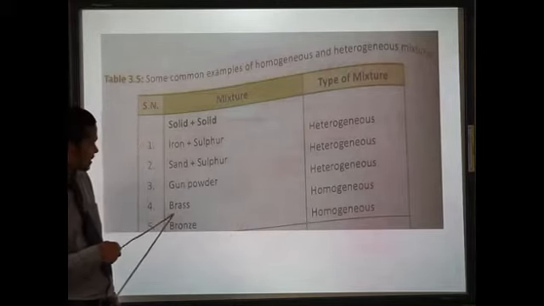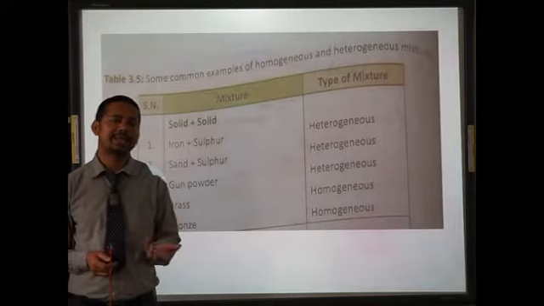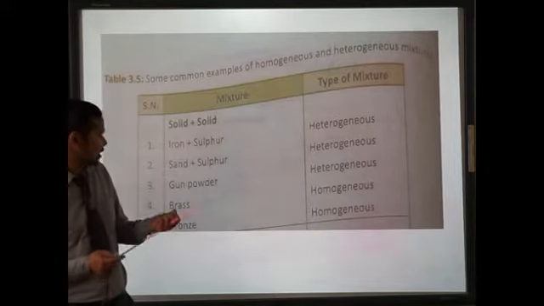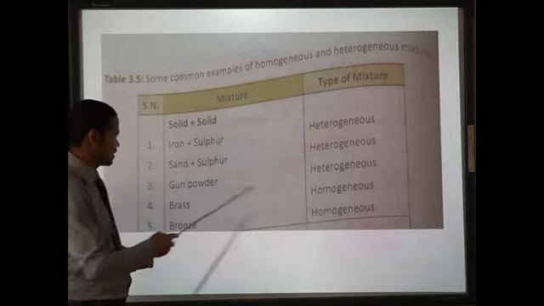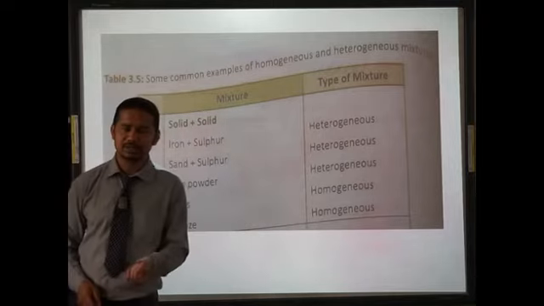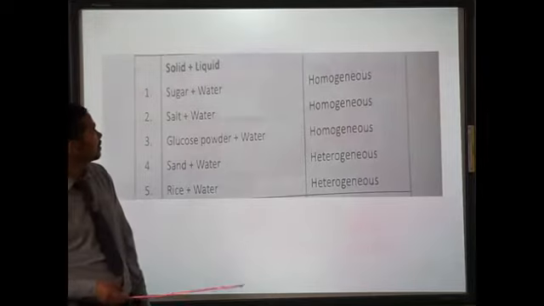Then brass. Brass is an alloy of copper and zinc. Brass is a mixture of copper and zinc. So brass, homogeneous. Bronze is also a homogeneous mixture. They are uniformly mixed.